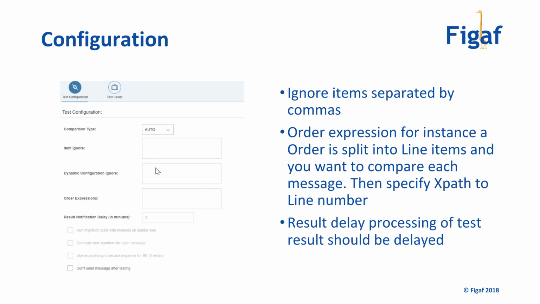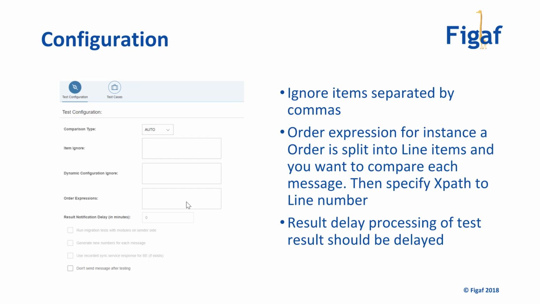Then we have the dynamic configuration. If there are any dynamic attributes that we want to ignore, we can also add them here. And then we have the order expression. The order expression is for when, for instance, you have a purchase order that's being split into line items, and each of these line items is a different output document.